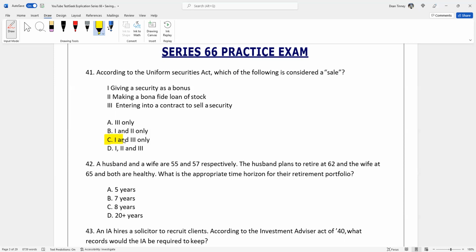Pledging securities as collateral for a loan is not. I would definitely know that. The test takeaway here is Roman numeral 2. When you pledge securities as collateral for a loan, bona fide is Latin for good faith. If I'm your lender and you pledge securities to me as collateral and you don't pay me, I can sell the securities and not be worried about running afoul of the Uniform Securities Act. And so the answer to 41 is C.